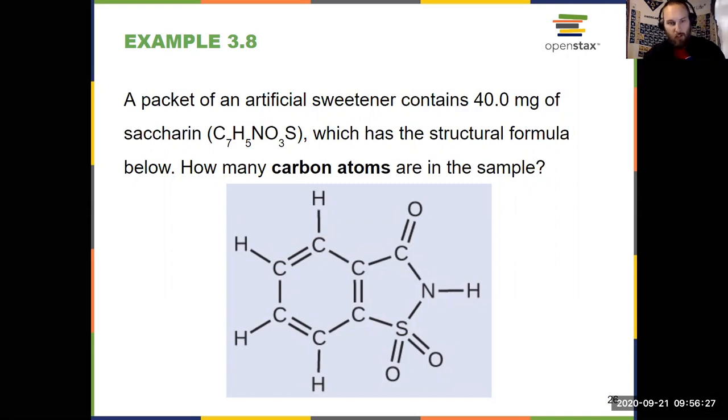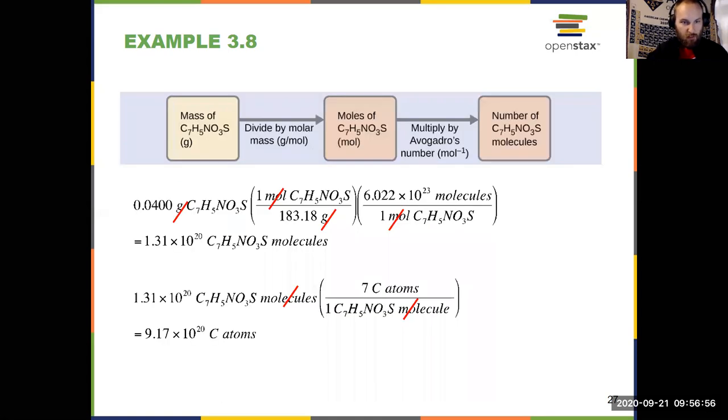But before you watch that video, I do recommend you try this on your own. You need to pay attention to the fact that it's 40 milligrams, not grams, which is significant. You'll need to calculate a molecular mass for saccharin, and then think about the fact that it's not asking just for molecules of saccharin, but rather the fact that it's asking for carbon atoms that are in there, which is notable as well. The approach is also shown on this slide, 27.